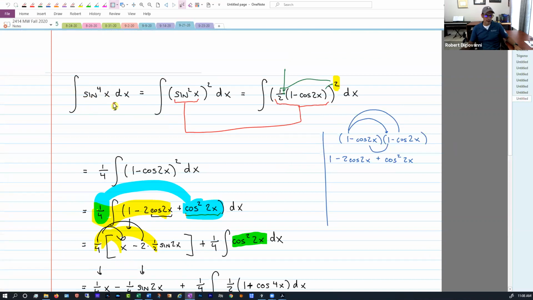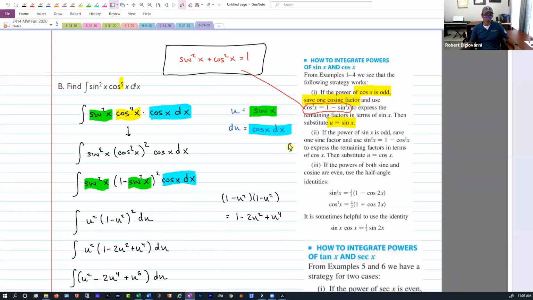So if you go back and revisit this, we had to use the half angle identity instead of the Pythagorean identity. And that's all stated in these notes here. If we had an even power of sine and cosine, we've got to use this step.